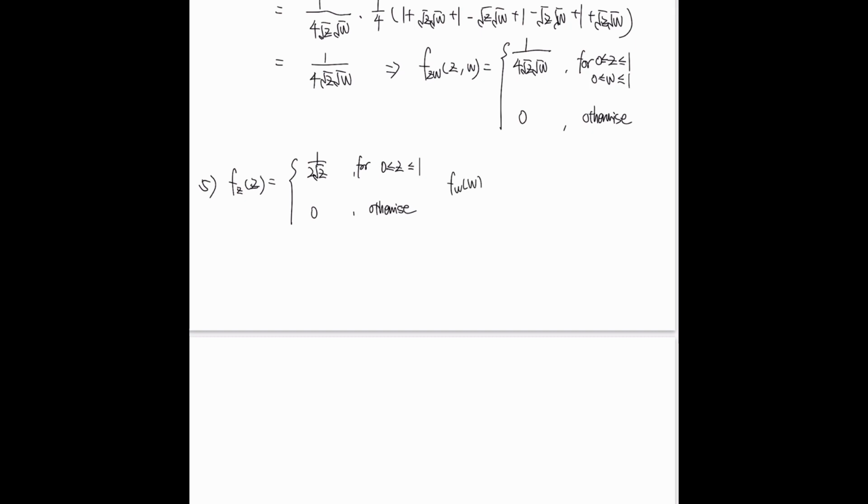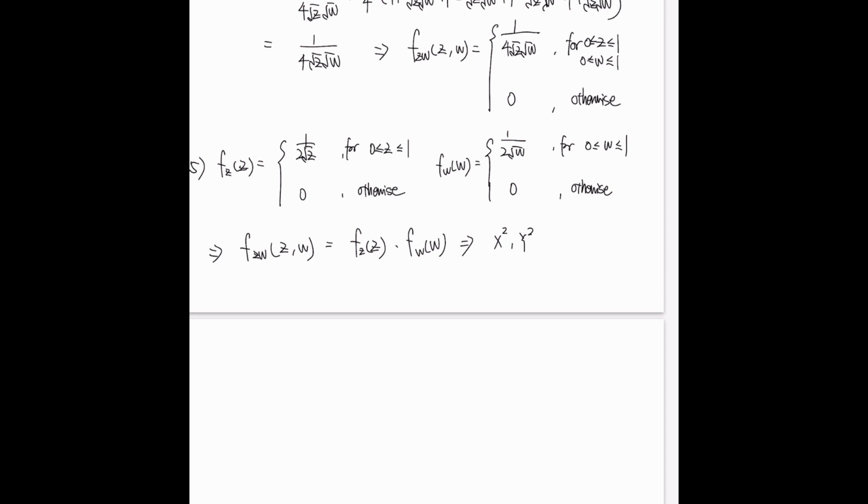And F_W of w equals 1 over 2 square root of w for w greater than or equal to 0, less than or equal to 1, and 0 otherwise. So we can get f_ZW of (z,w) equals f_Z of z times f_W of w. And we can get that x squared and y squared are independent.